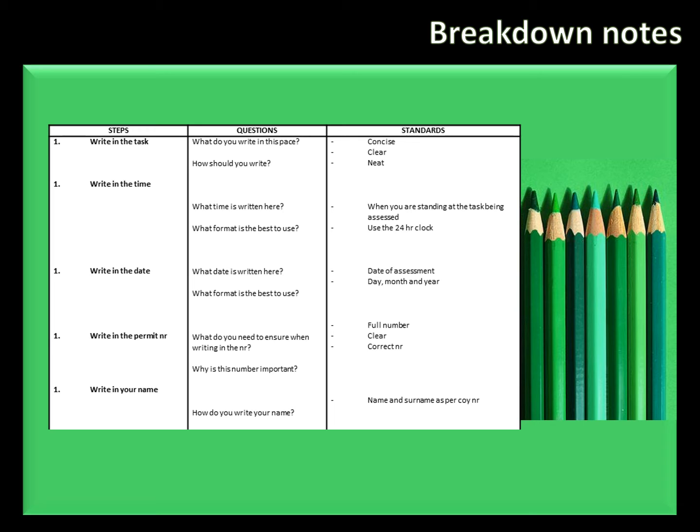You write your name and surname as per your COI number. So just to reiterate, your questions should relate to your standards, not to the steps, to the standards. So in other words, your standards are the answers that you are looking for.